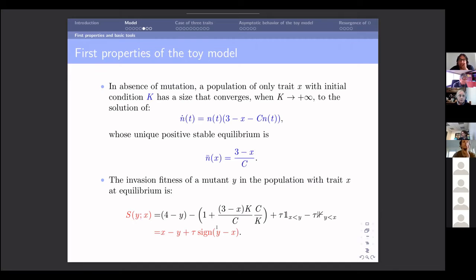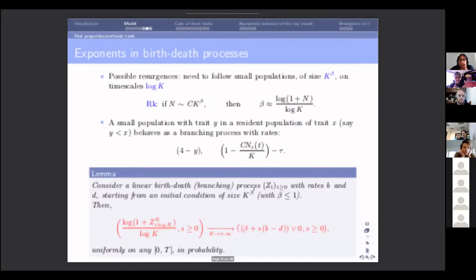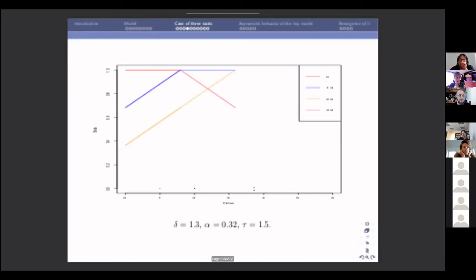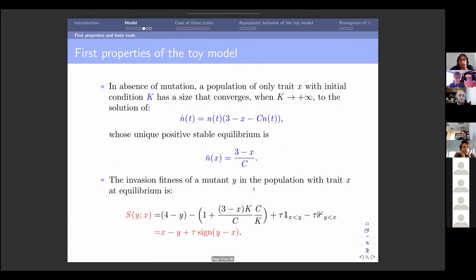I should have put a picture of that. Maybe I have it somewhere in the sequence. No, I don't. Sorry, but take a pen and try to plot this picture on your paper. This function has slope -1. It has value minus tau just before 0, and it has value plus tau just after 0, and then decreases with slope -1.